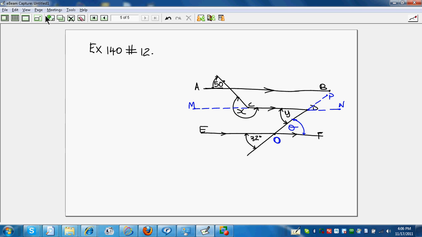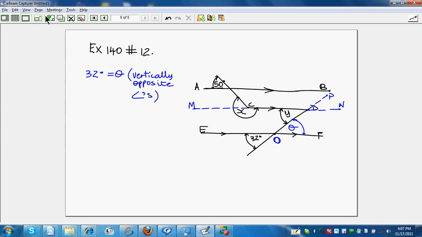So let's proceed and get Y by saying 32 degrees must be equal to angle theta, seeing that they are vertically opposite angles.